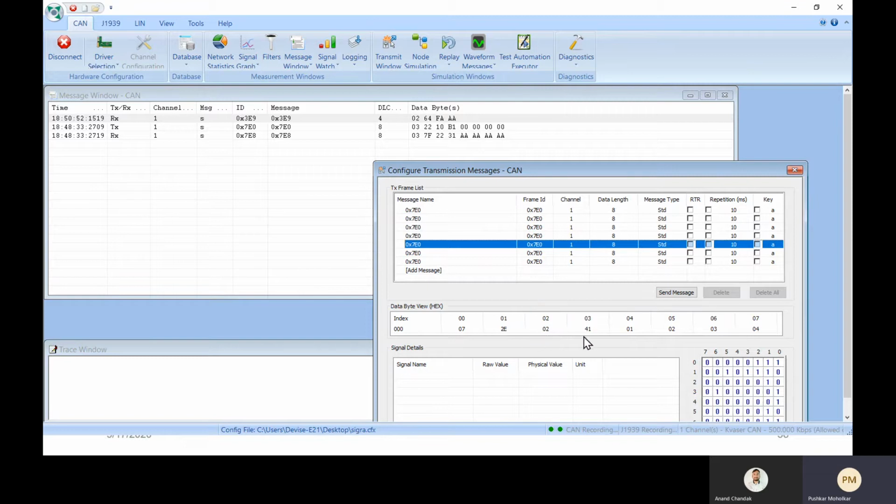Then 0241 is the data identifier, and this data identifier is always of length 2 bytes. Then 01, 02, 03, 04 are the data bytes that are to be written for this data identifier by the client, and 0241 corresponds to the software version of the current software of the ECU in our case.